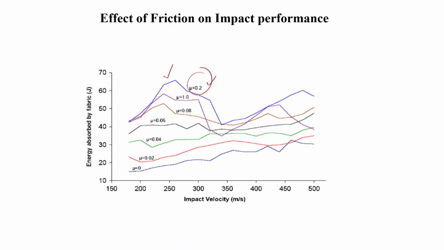And as we increase the friction level from mu 0, where there is no friction, the ideal case, the energy absorption gradually increases, that we have observed, but at very high friction where friction is say 1, the energy absorption drops. The reasons we have already discussed.